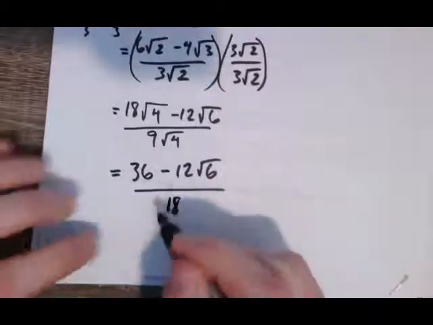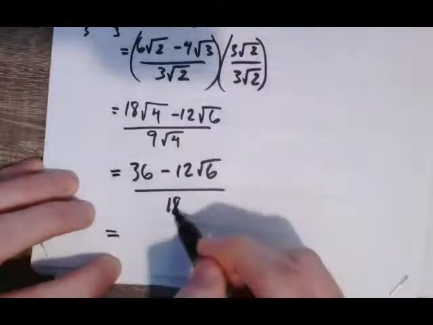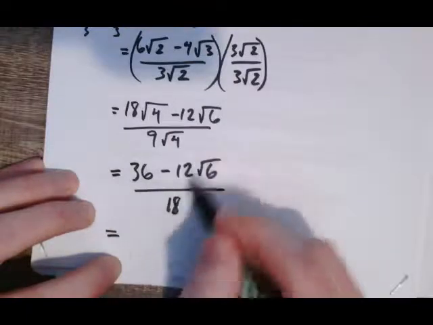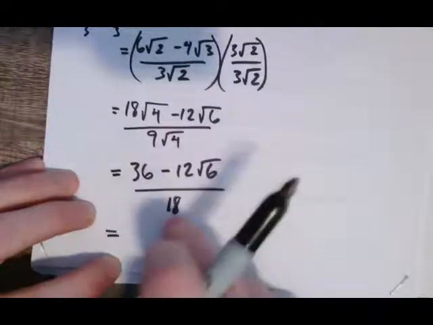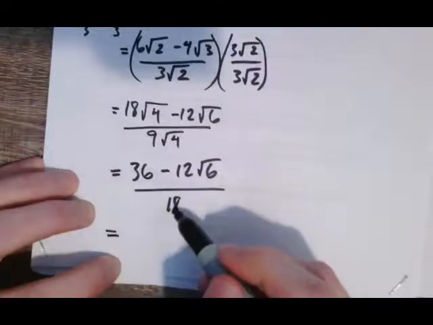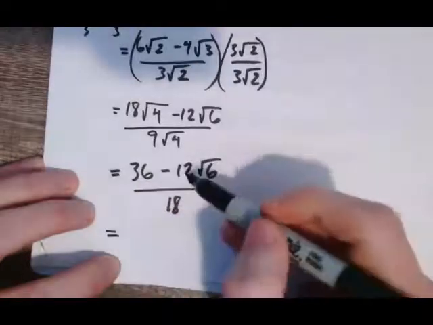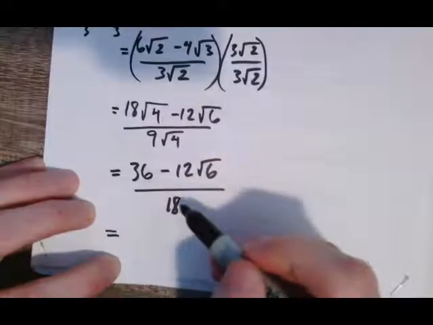Now we're going to simplify. I can't do 36 divided by 18 is 2, and then 12 divided by 18 is a third. It has to be the same for each. I'm glad we went this way. So what is the biggest number that goes into all of them? Is it 6?